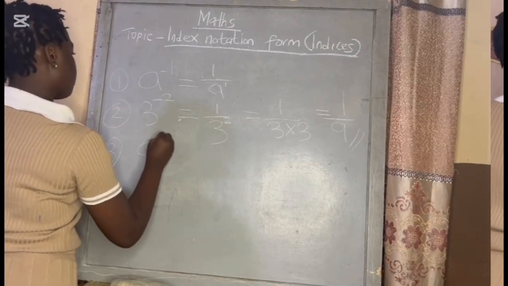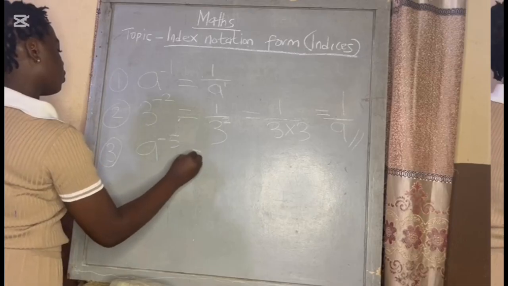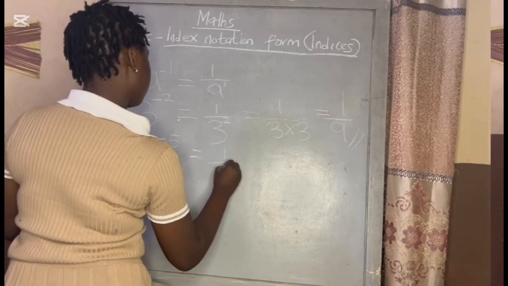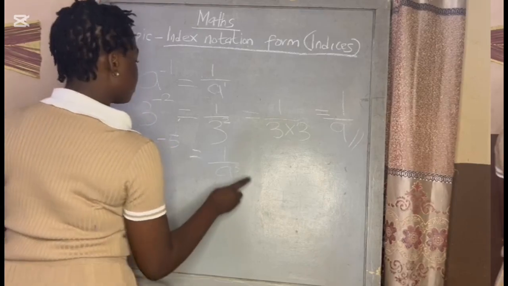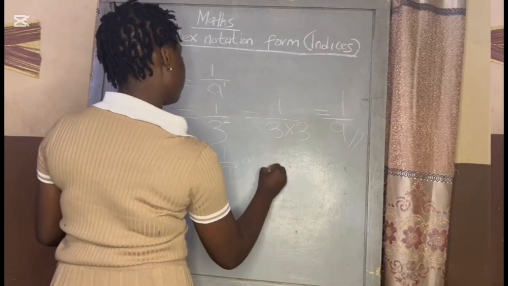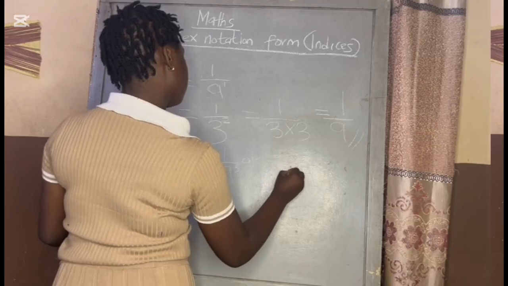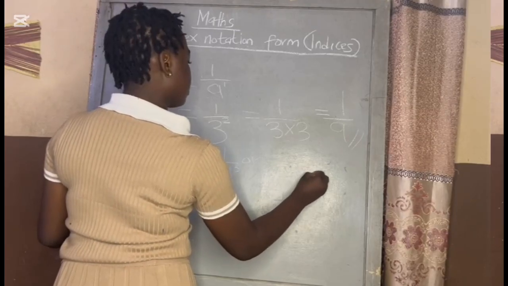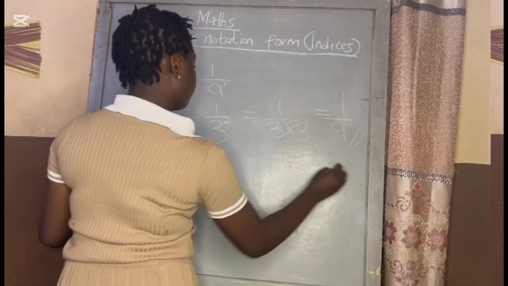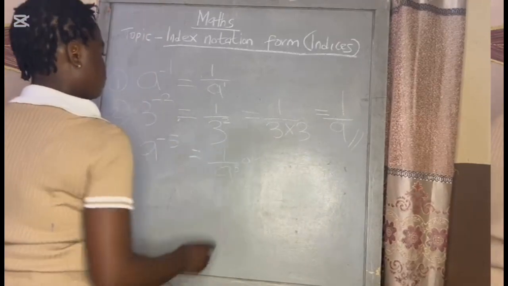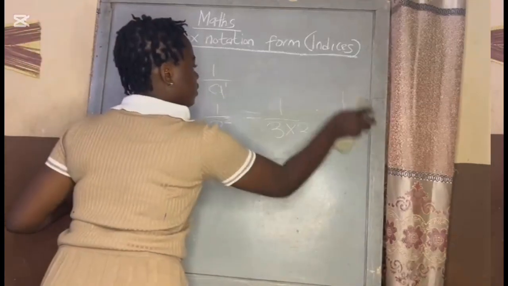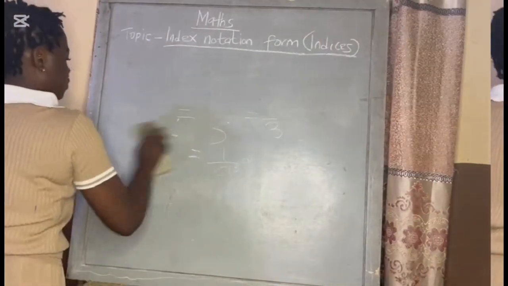Example 3, a raised to power minus 5 is equal to 1 all over a raised to power 5. You can leave your answer like this, or you can leave it as 1 all over a times a times a times a times a, a in 5 places. So this is the fifth law we have in indices.